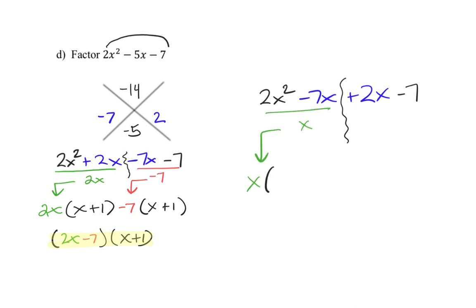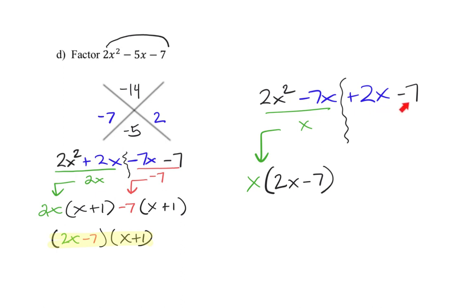When we do that, we're left with 2 divided by 1, because there's a 1 in there, so that's just 2. Subtract your exponents, x squared and x is going to give me just x. Then I have a minus sign, and then x divided by x is just going to cancel out, and I'm going to be left with a -7.